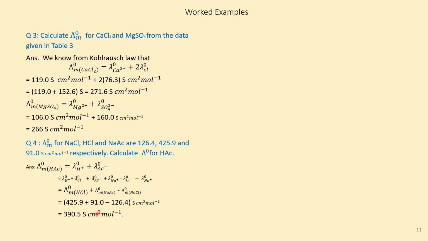Substituting the given values, we get 425.9 plus 91.0 minus 126.4. Summing up, we get 390.5 S cm² per mole. Please note here we have to subtract the value of Λ°m for NaCl.